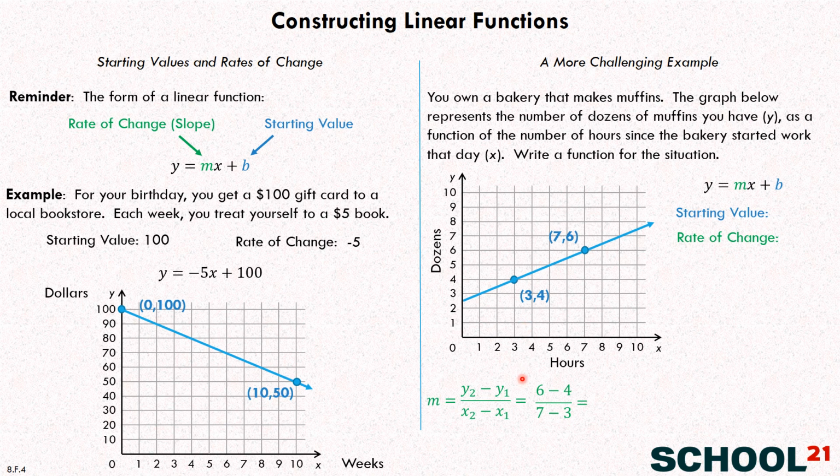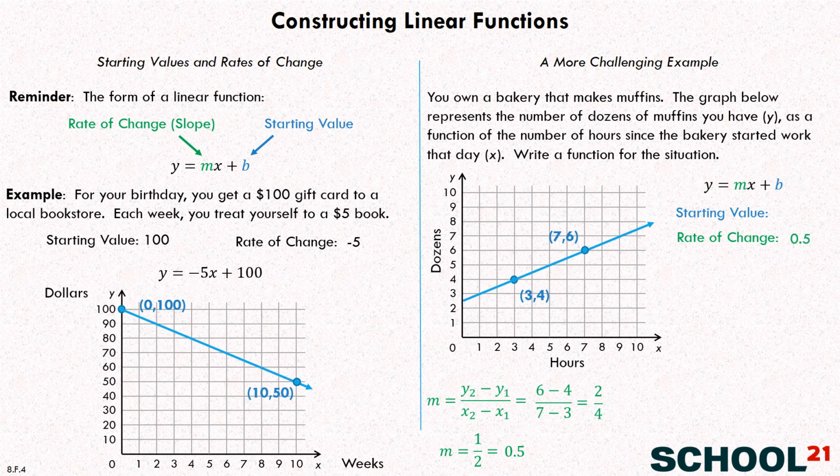So y2 minus y1 is 6 minus 4, and x2 minus x1 is 7 minus 3. And we can calculate that: 6 minus 4 is 2, and 7 minus 3 is 4. Then we can simplify that to be 1/2, or what is that in decimal? Yeah, 0.5. So let's go ahead and write our rate of change up here now as 0.5.